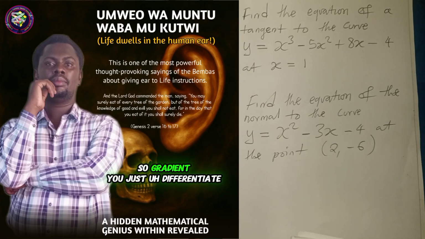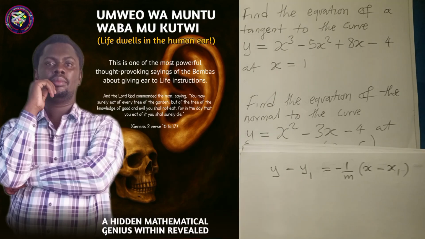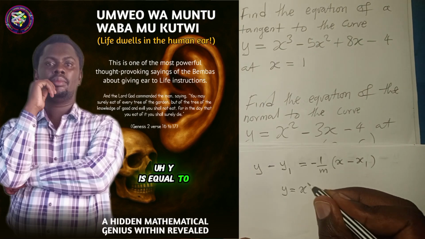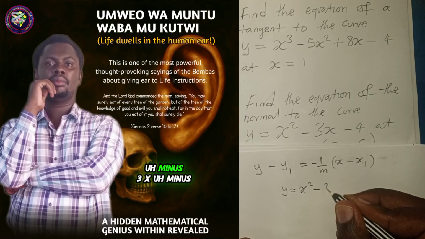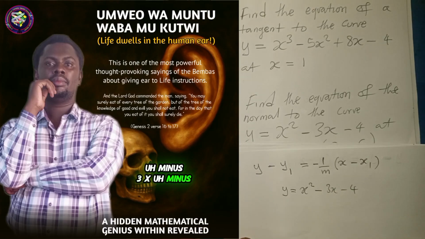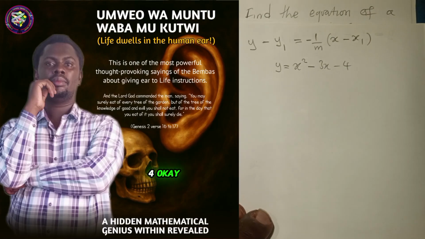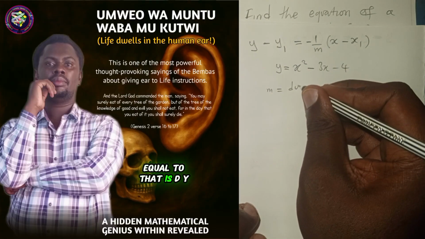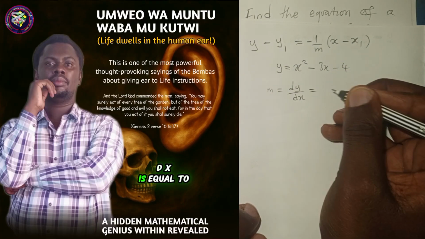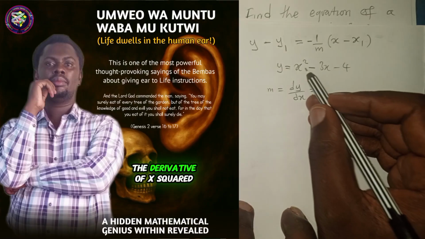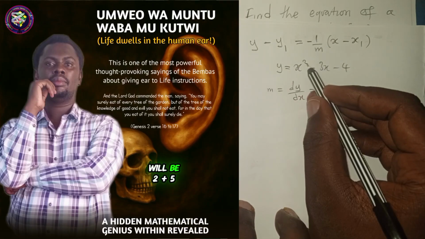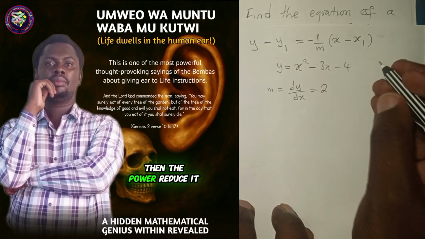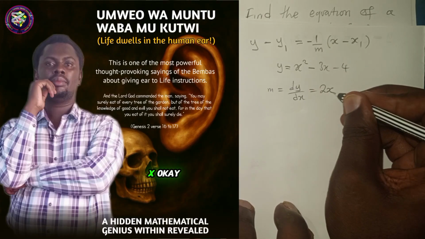For the gradient you just differentiate. The function is y = x² - 3x - 4. So m = dy/dx. The derivative of x² is 2 multiplied by 1, which is 2, then the power reduced by 1, so you get 2x.